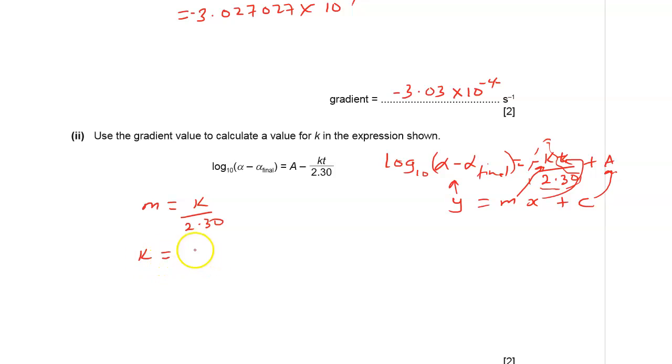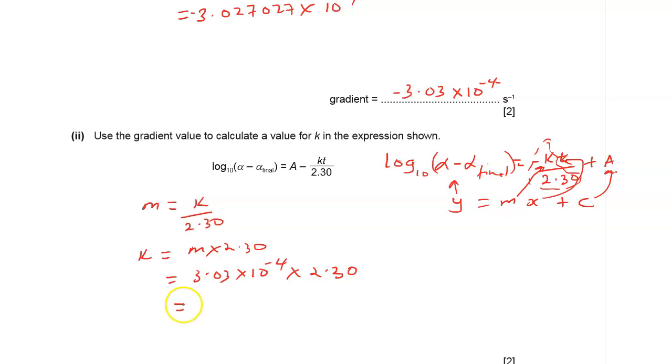So k is equal to the gradient times 2.30, and the gradient is what we calculated here, 3.03 times 10 to the power minus 4 times 2.30.